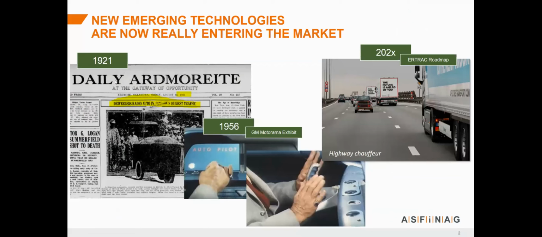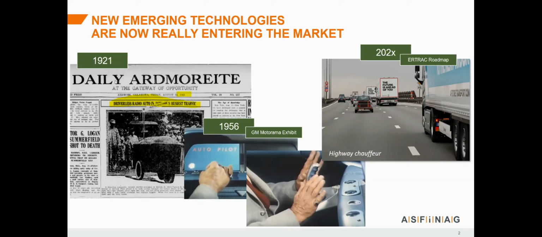The thing is, why do we at ASFINAG, especially at the team where I'm working, think of digital infrastructure, we always think about automated driving. And automated driving is not really a new topic, actually. When you see the timeline here, exactly 100 years ago there was the first driverless car that made news.